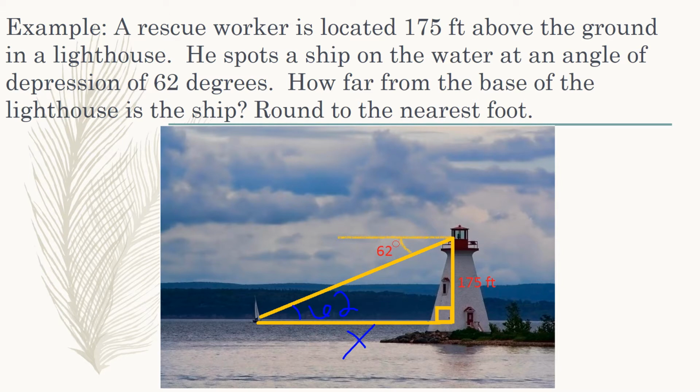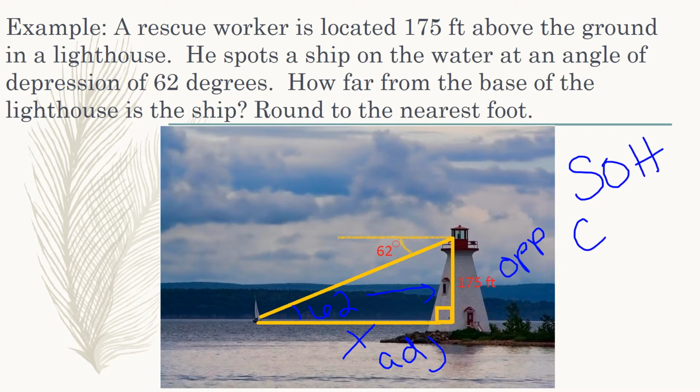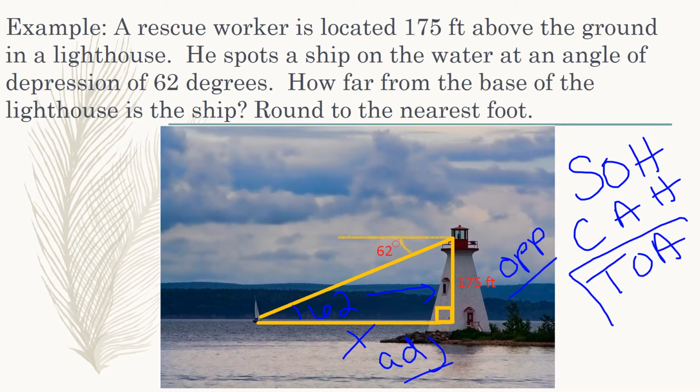And I'm trying to find x. From the 62 degrees, 175 is my opposite, and x is my adjacent. So if you remember back to our trig functions, SOH CAH TOA, if I have opposite and adjacent, I'm looking at tangent. So I'm going to do the tangent of 62 here.